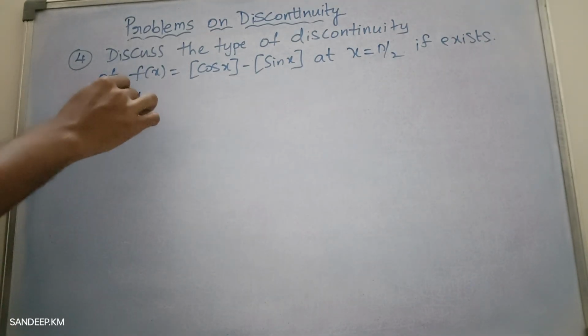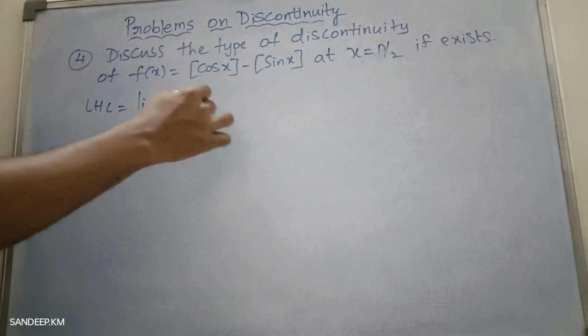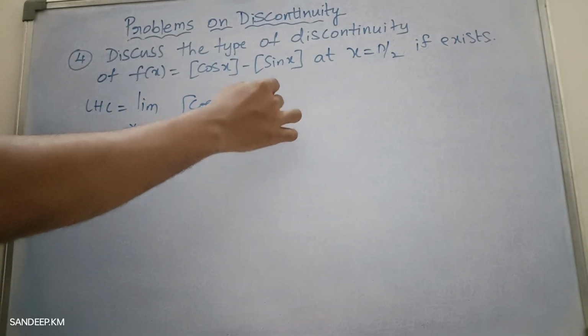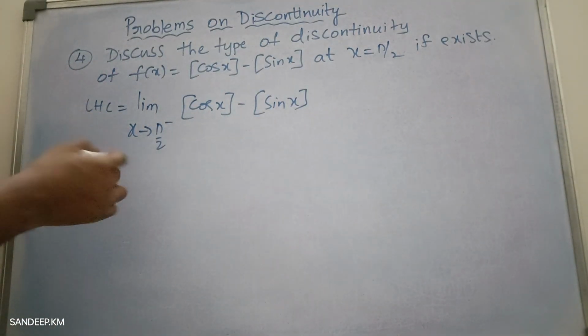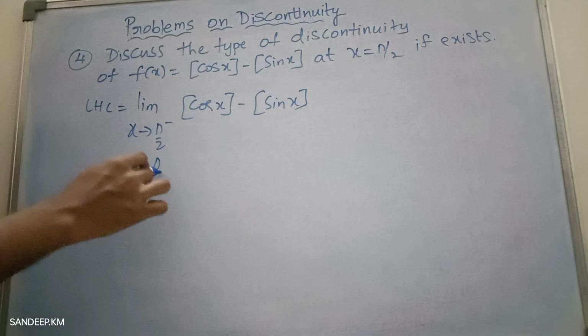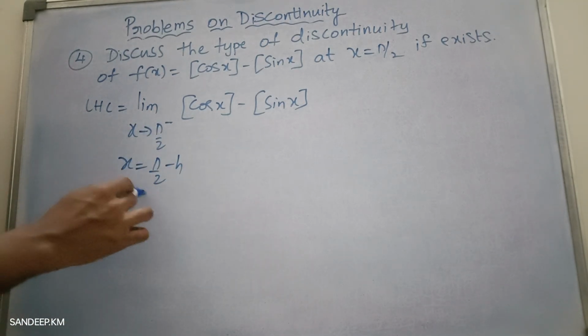So LHL is equal to limit x approaches pi by 2 minus step of cos x minus step of sin x. So it's always advisable to convert it in terms of h. So x is equal to pi by 2 minus h, and we can substitute where h is approaching 0.